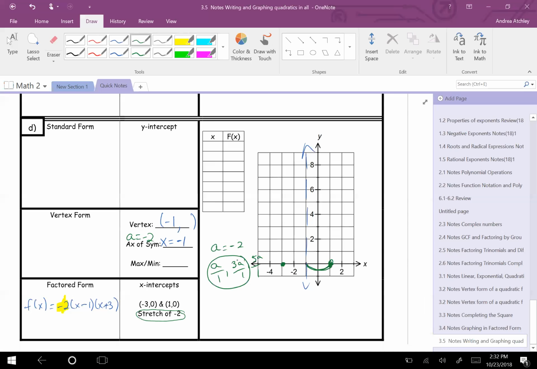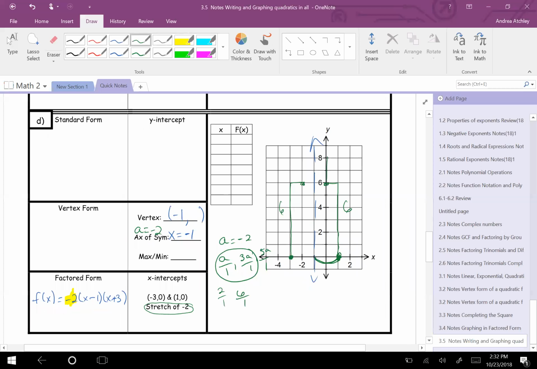Okay. So I'm going to work backwards. So I have to start with the 3a. So that would be 6 over 1. And I need to go up 1, 2, 3, 4, 5, 6, and over 1. Then I can do the 2 over 1.